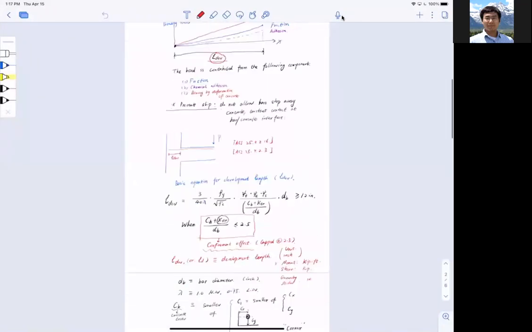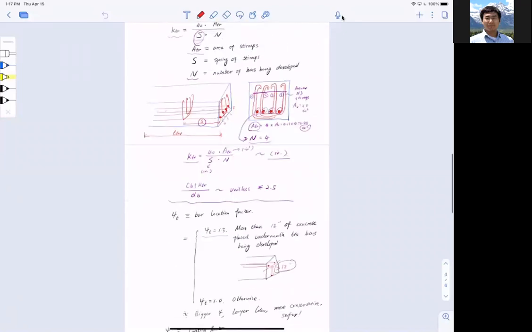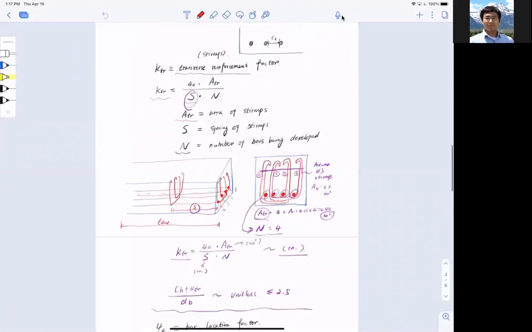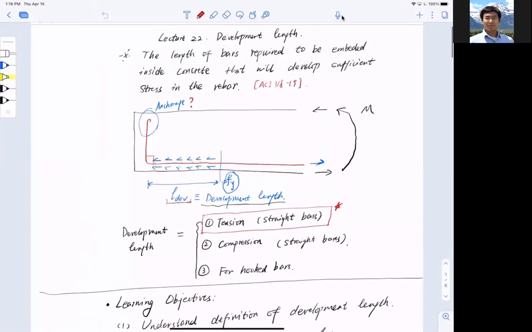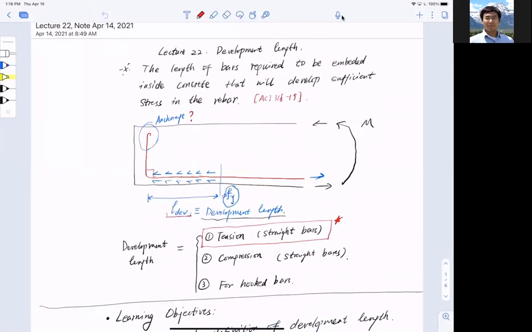Main track. So bonding, right? We have shown what the bonding looks like. A quick recall: bonding, in a practical sense, is the development length. Let's get back to the definition of development length.